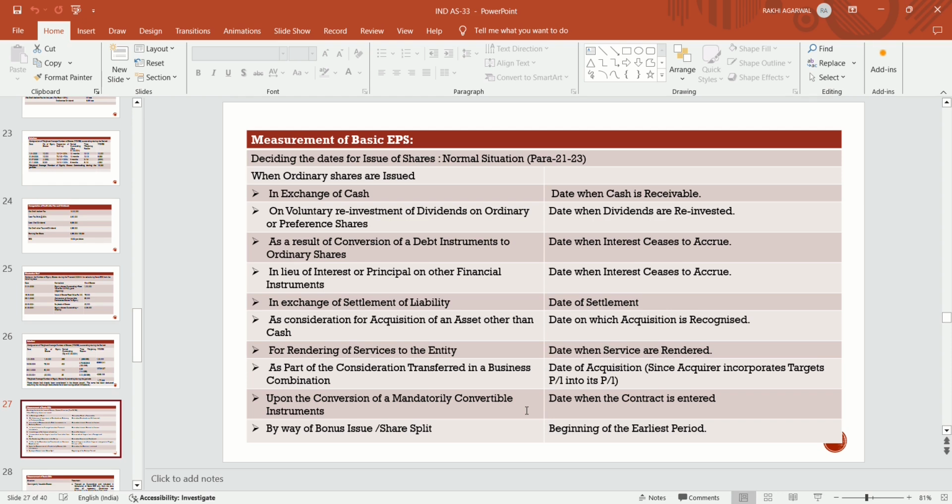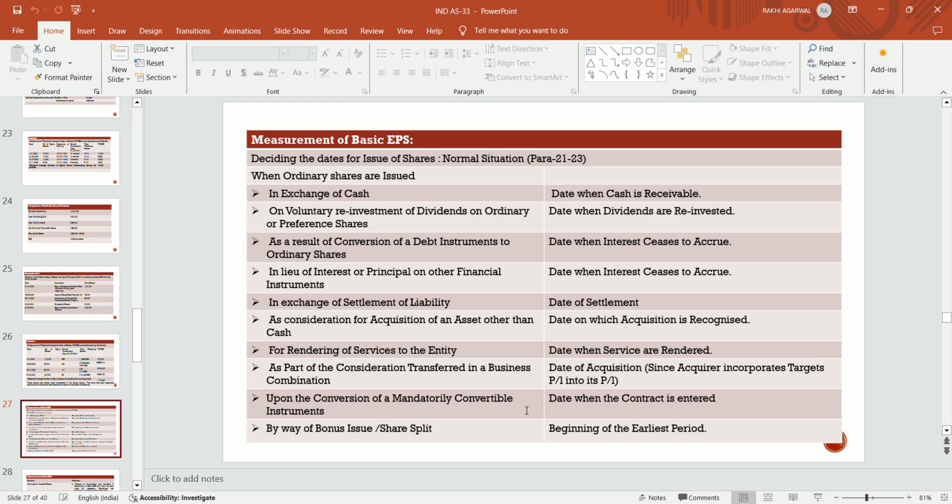As a result of conversion of debt instruments to ordinary shares, the date when interest ceases to accrue, meaning the date when debt instruments are converted into equity and no more interest accrues, is to be considered for issuance of ordinary shares in lieu of interest or principal on other financial instruments.